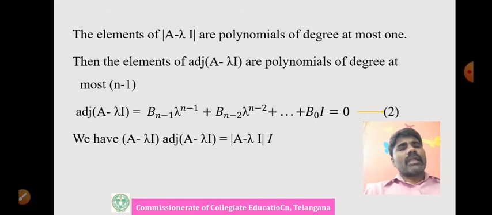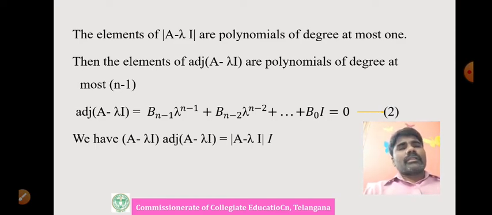That means the diagonal elements are polynomials in lambda of degree 1, and the remaining elements are polynomials of degree 0. There is no lambda in the remaining elements; only the diagonal elements have lambda, and its degree is 1. Considering all elements, the degree of each element in determinant of A minus lambda I is at most 1.